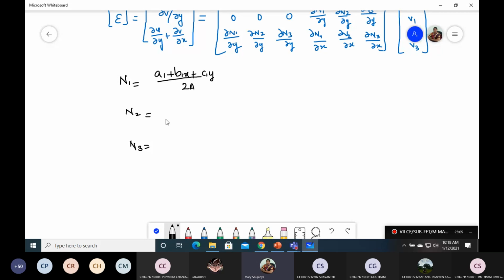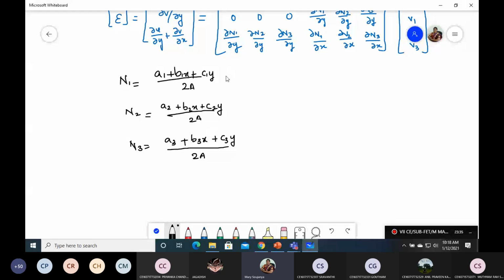N3 is A3 plus B3x plus C3y, whole divided by 2a.